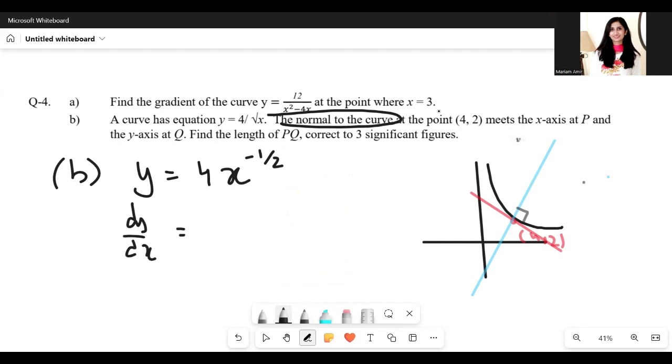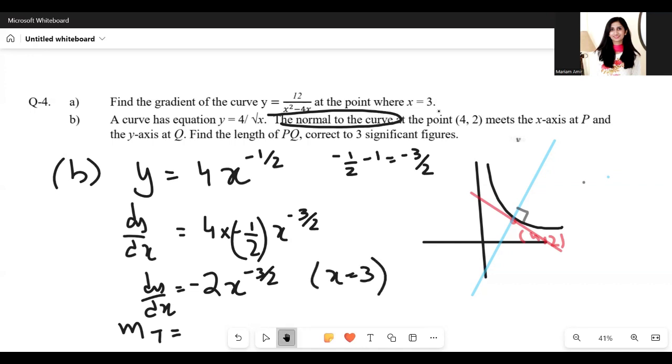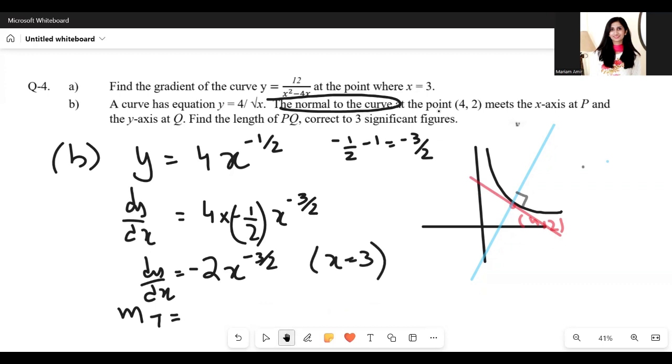So the minus half is going to come down, 4 times minus half, and the power is going to get reduced by 1. That would be minus 3 upon 2. Okay, so we have minus 2 x to the power minus 3 upon 2, and this is the expression for dy by dx, and the slope of the tangent would be, when you substitute x equals 3 in here, use your calculator.